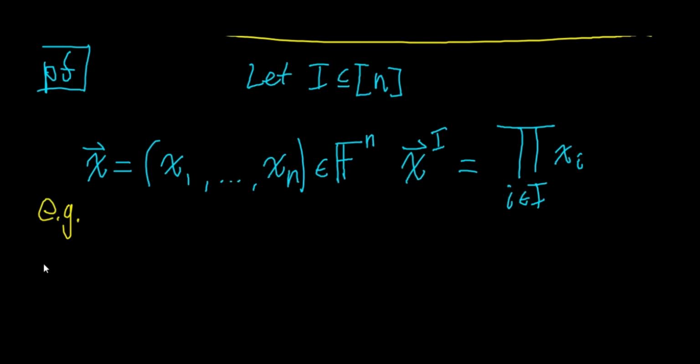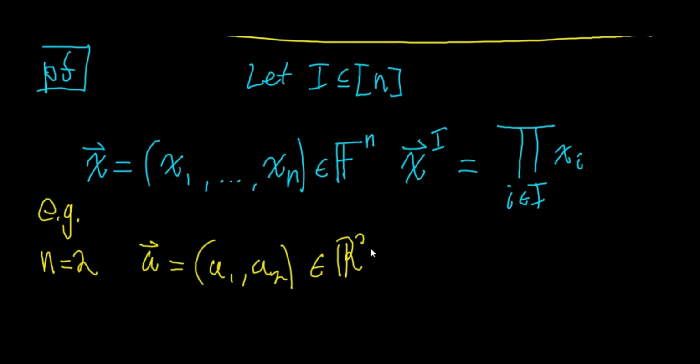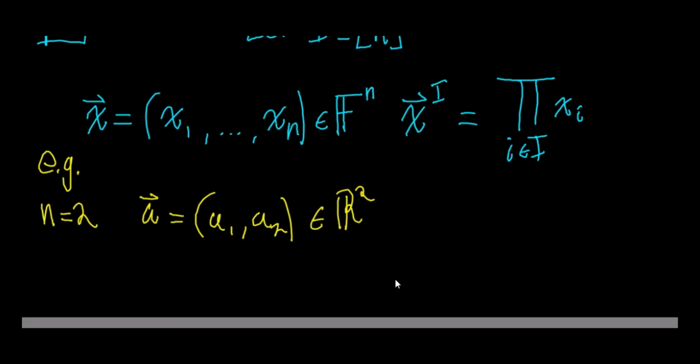So let's look at an example here. Remember our toy example has n equal to 2. Let's consider a vector a with 2 components. Remember we let our field be R, so this vector is an element of R^2. So if we wrote, for instance, a raised to the singleton 1 power, the set containing 1, then this would be just equal to a1.